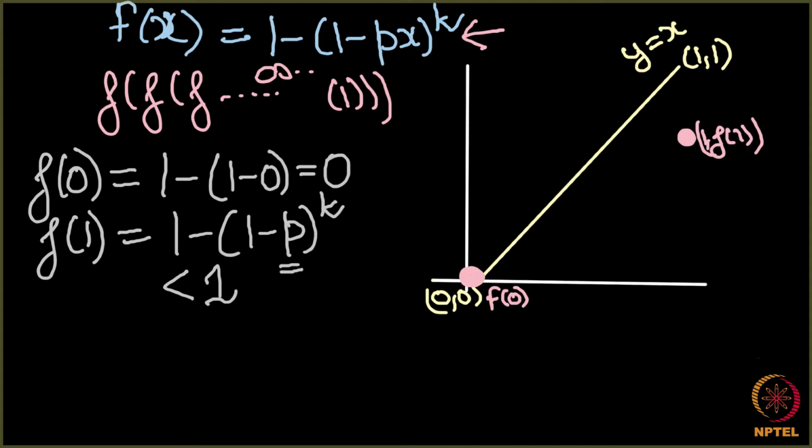Let's try to find the slope of this function at this point. So what is this slope? This slope we know is 1, right? This slope is 1, which is 45 degrees, tan of 45 degrees is 1. So now see, this function f of x can either go like this or go like this.